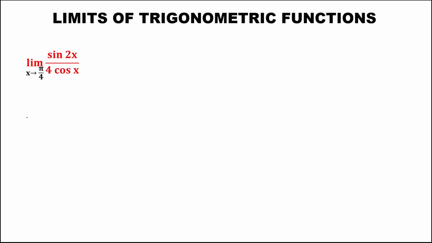Then for this given, again pi is equal to 180 degrees divided by 4. So this is equal to 45 degrees. For this limit, we have two ways of solving it.